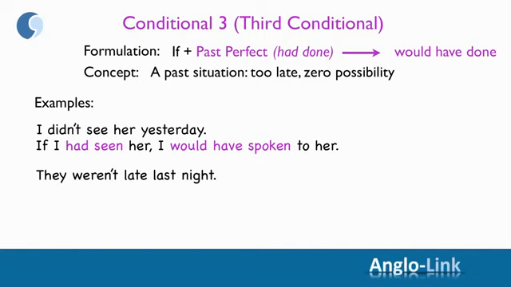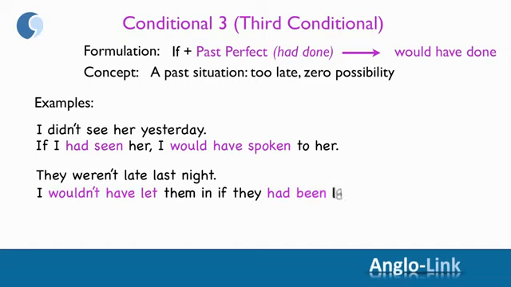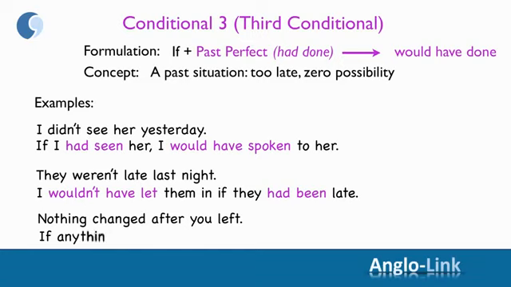They weren't late last night. I wouldn't have let them in if they had been late. Nothing changed after you left. If anything had changed, we would have let you know.